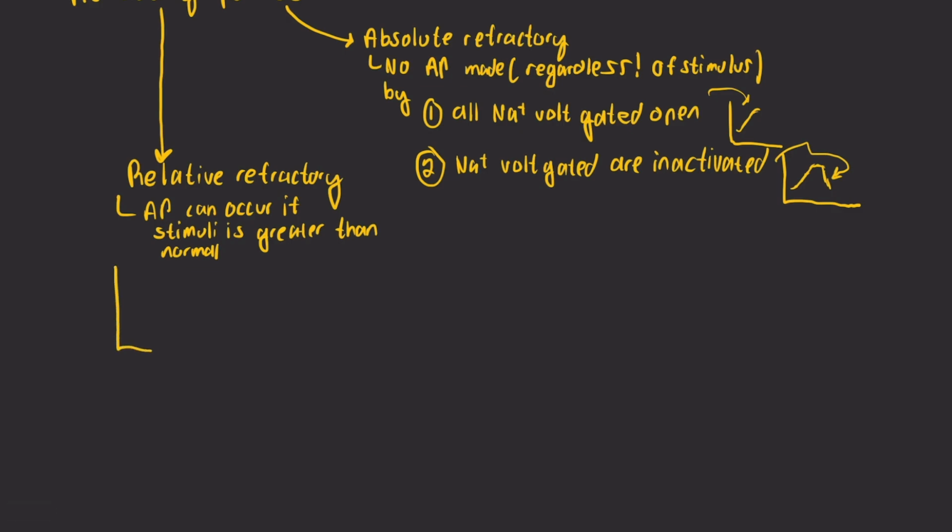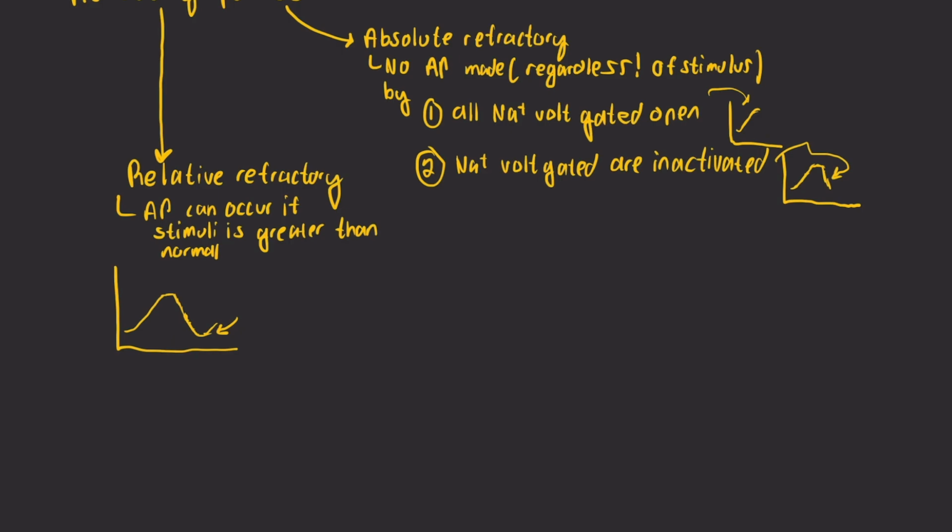So, here is a graph. So we mentioned the depolarization, right? Peak, and then repolarization, now the hyperpolarization. So that stimuli has to be greater than normal, because look at this, it is below the resting membrane potential.